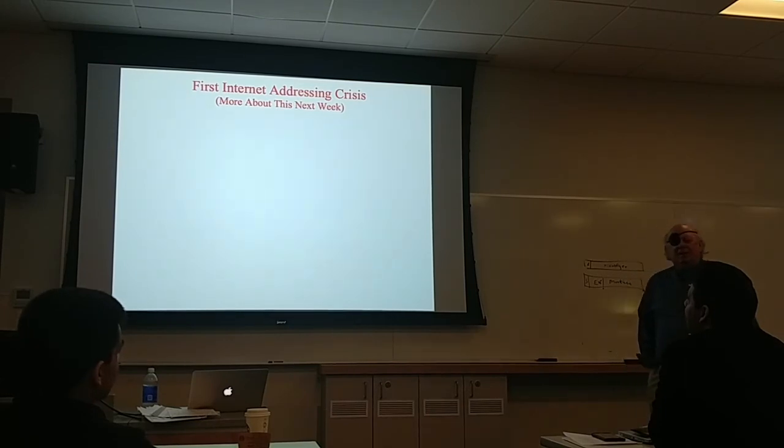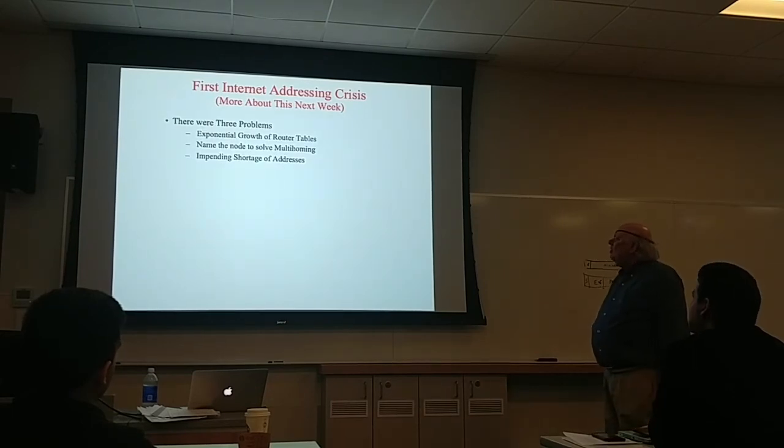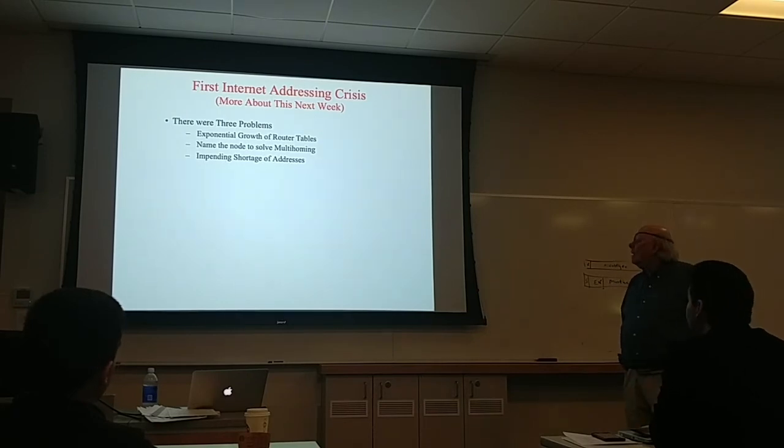Then, around 1990, we had the first addressing crisis, and I'll have more to say about this in the next class. There were 3 problems: exponential growth of the router tables, naming the node to solve a multi-homing problem, and impending shortage of IP addresses.